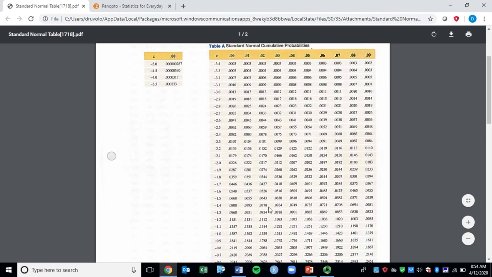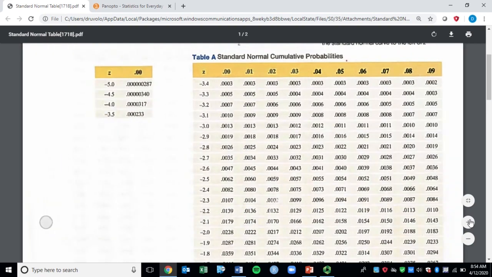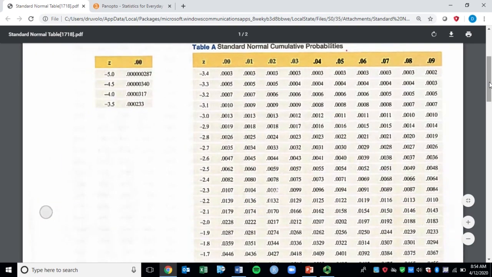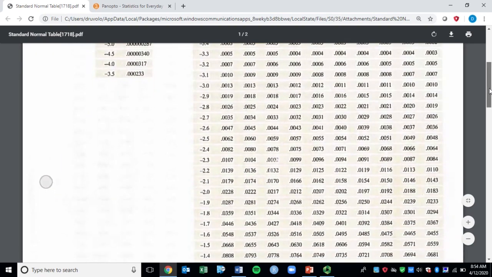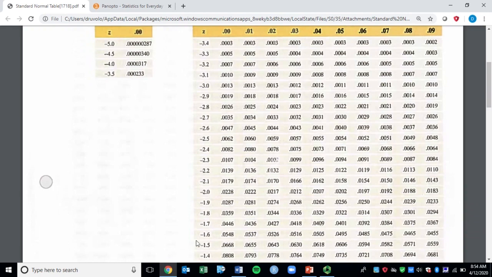Right here. So maybe I'll make this bigger. Alright, negative 1.43. Did you guys get 0.0764? There's your answer. So the probability that z is less than a negative 1.43 is 0.0764.